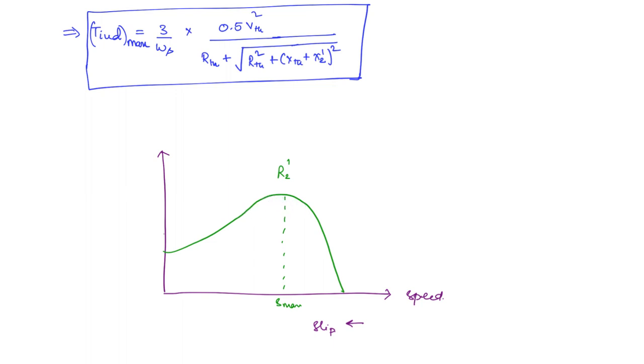Okay. So that means this is the new characteristic. You can see here, finally it will reach this point only, because what is this value of speed? The synchronous speed. So if you take this as R2 dash A, this is R2 dash B. Here R2 dash B is greater than R2 dash A. So as resistance increases, the maximum value of torque will remain the same.